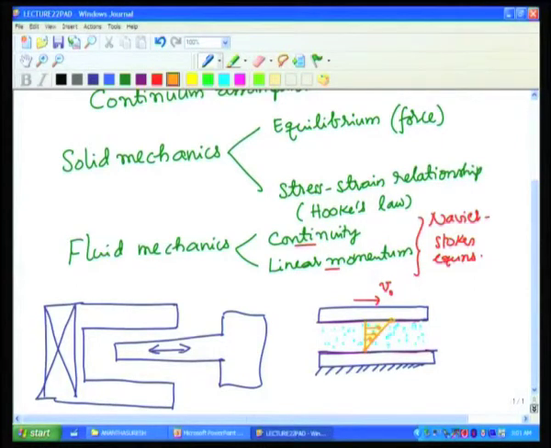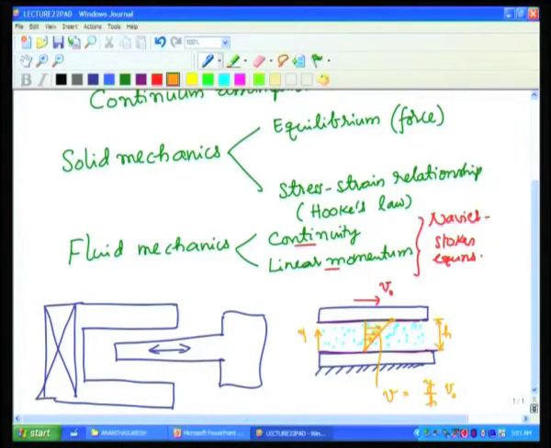So, we can write the velocity of the fluid anywhere. Let us take this gap as h. The velocity profile that we have written, this v can be written as y divided by h into v naught. So, what is y here?